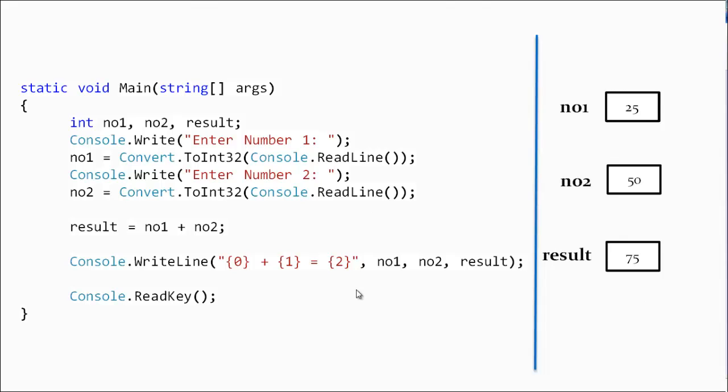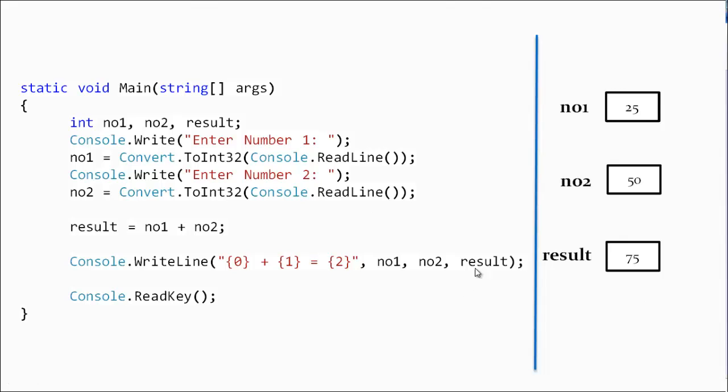We are passing four parameters to the Console.WriteLine method. The first parameter is a format string with numbered curly braces. These are known as placeholders. The second parameter is number1, the third parameter is number2 and the fourth is result.